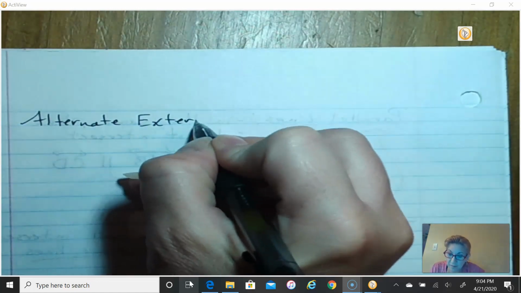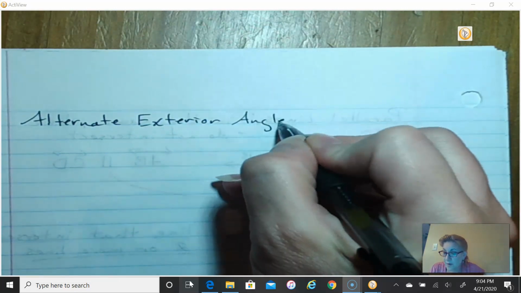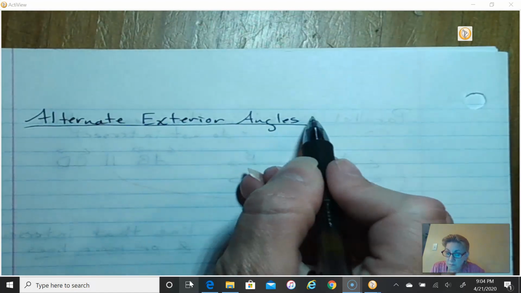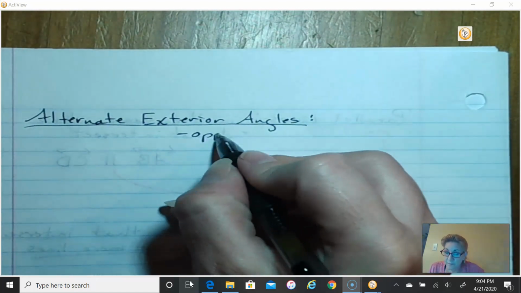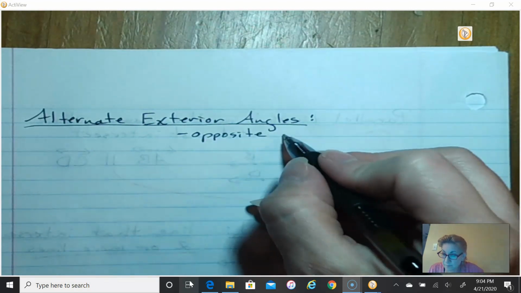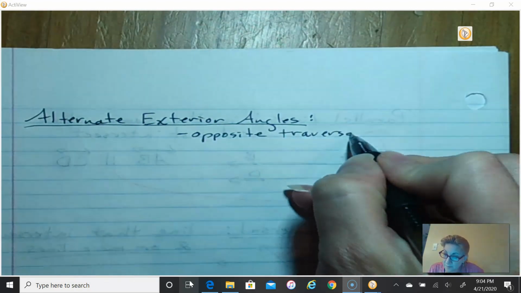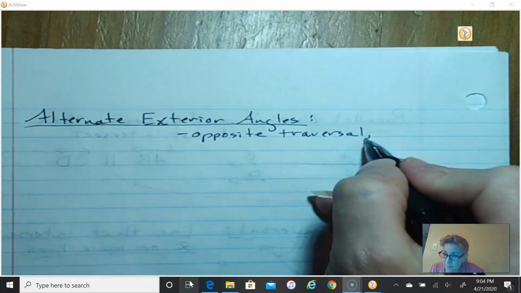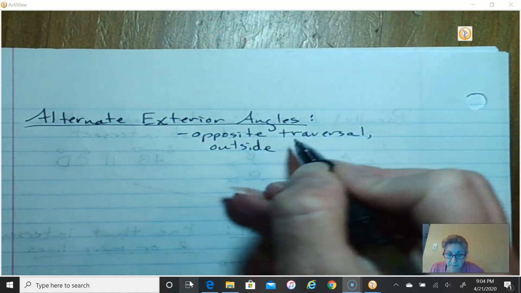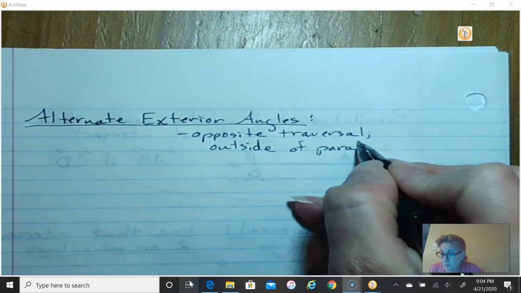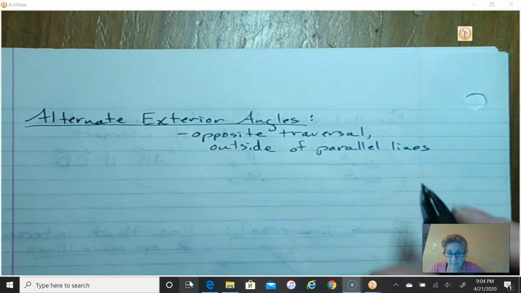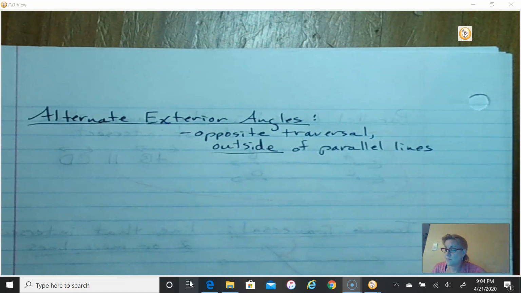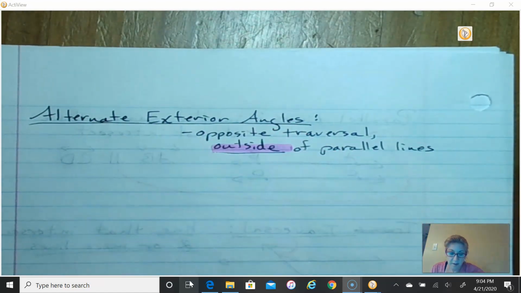Now, alternate exterior angles. They're opposite sides of the transversal, and this time they are outside of the parallel lines. All right.